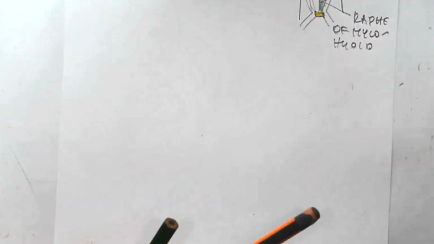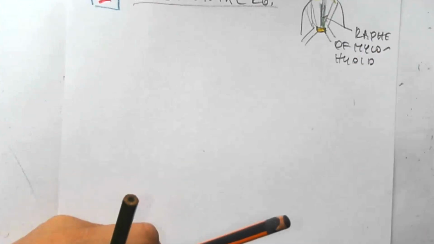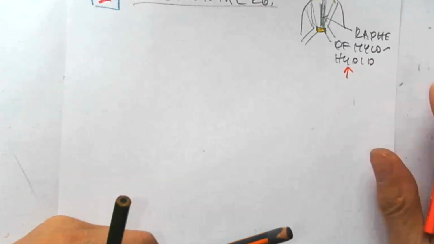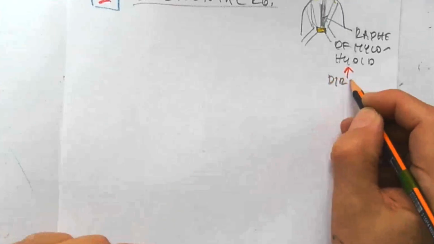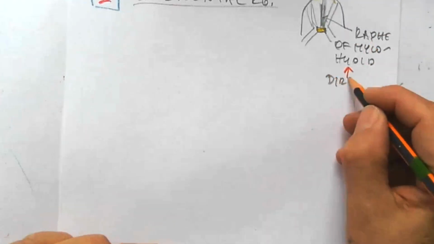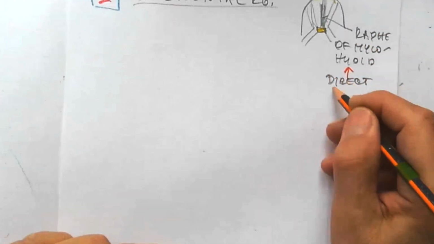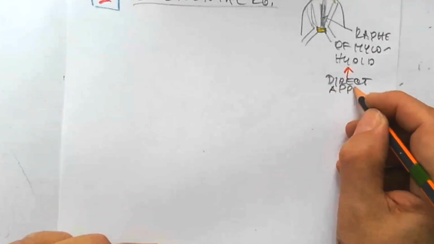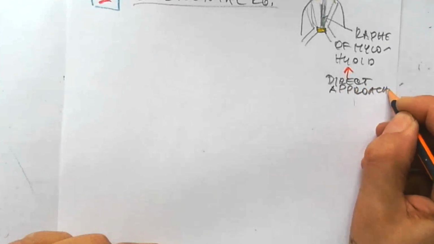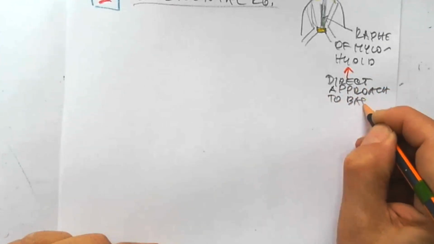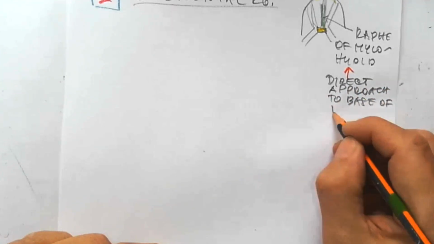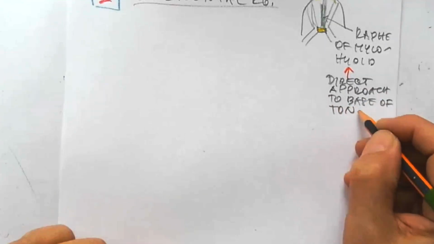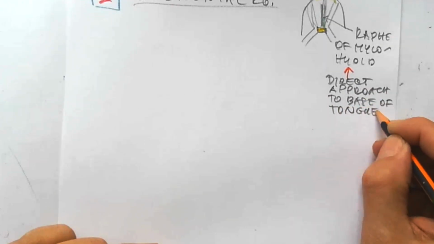And immediately below that we can add that the raphe of mylohyoid represents the direct perforating approach from below to the base of tongue in case of tumor or any defect on the base of tongue.